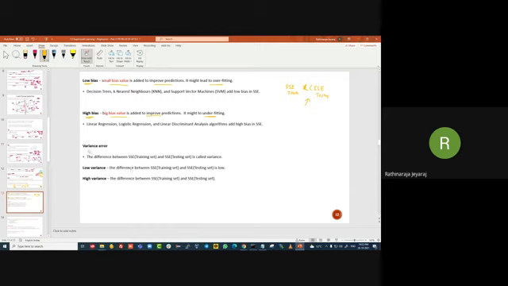Now let's understand variance. Variance is very simple. Take the sum of squared error during training time and the sum of squared error during testing time. If the difference is very huge, then it is called variance.